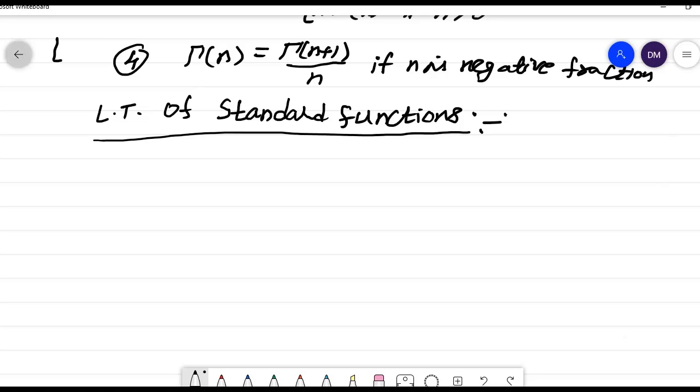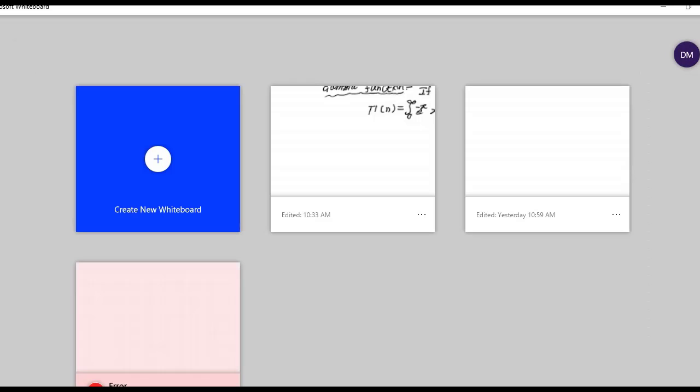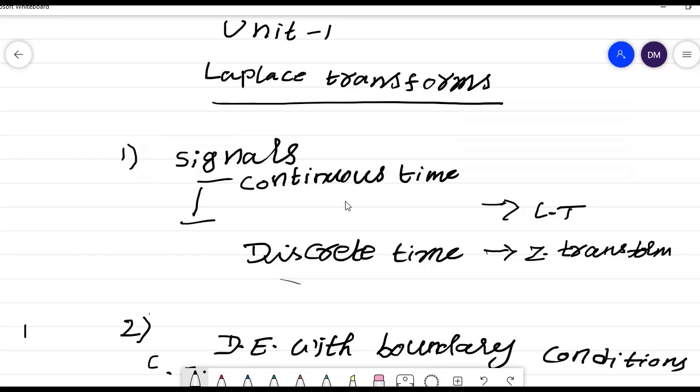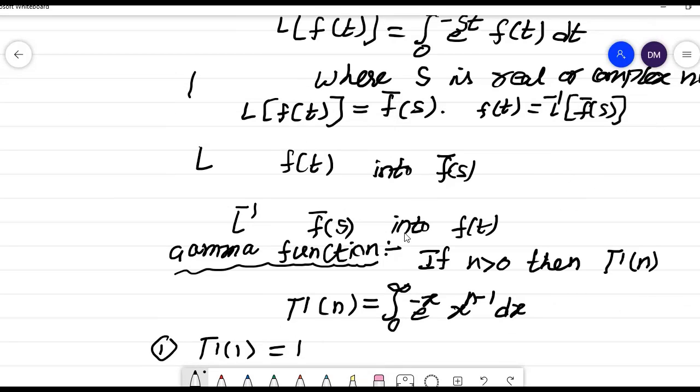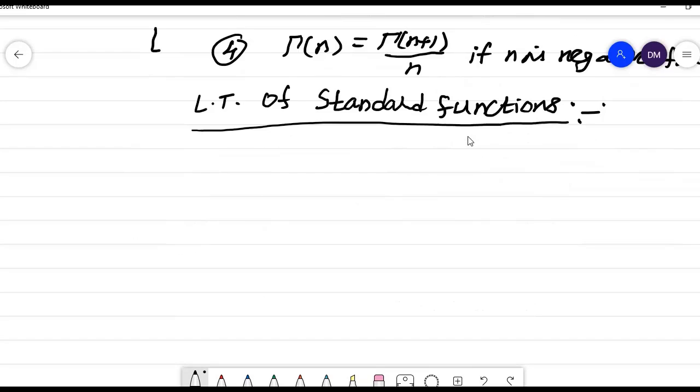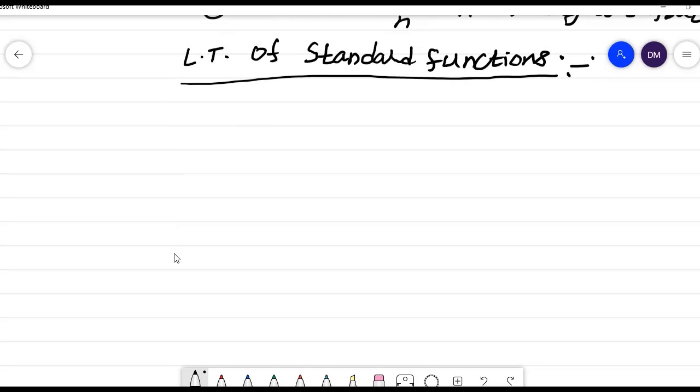The first one is Laplace transform of the standard function 1 is equal to 1 by s.